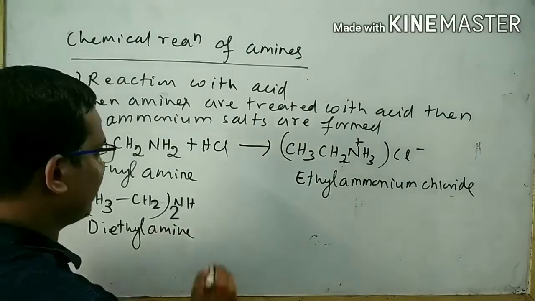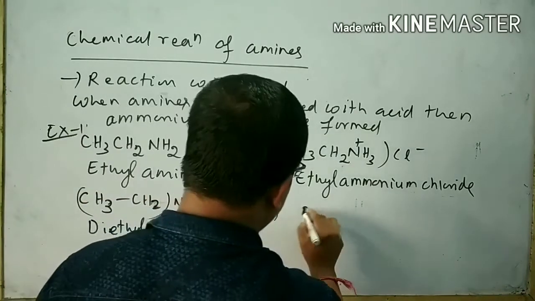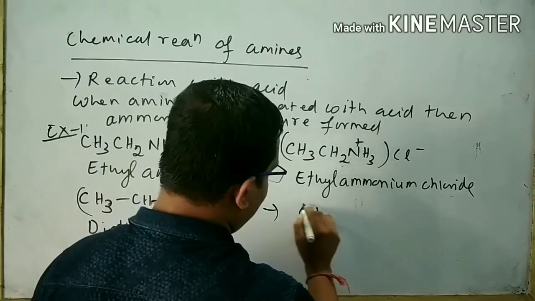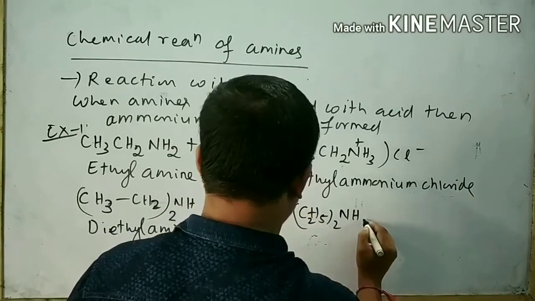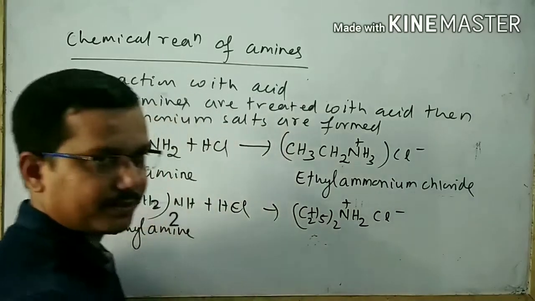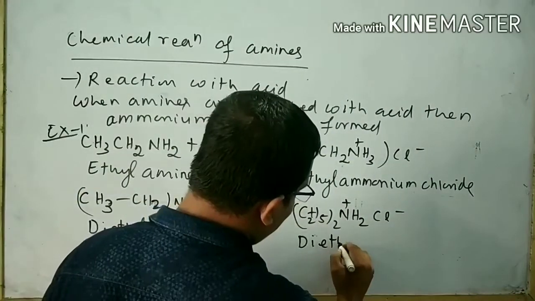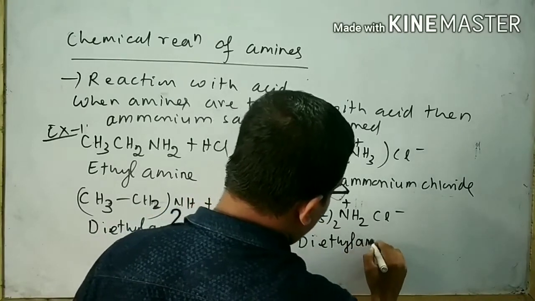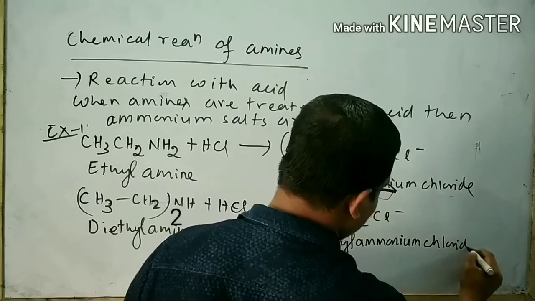When it is subjected to reaction with HCl, it gives (C2H5)2NH2+ Cl-. The name of this compound is diethyl ammonium chloride.